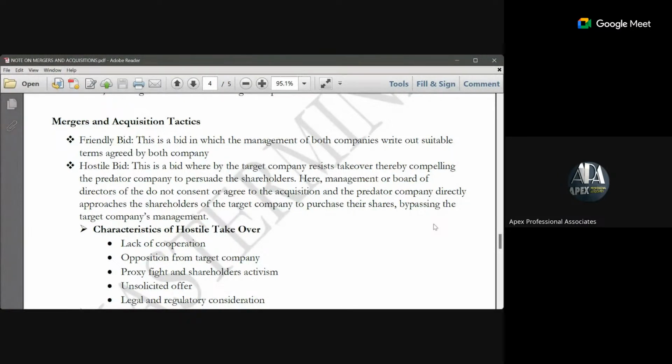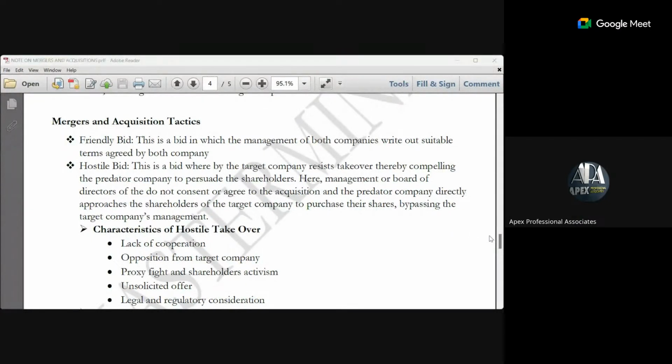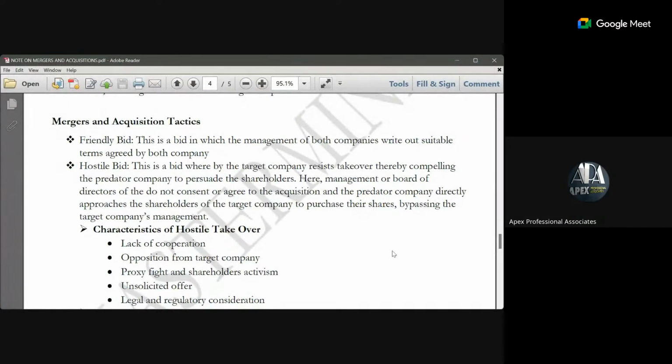However, the hostile bid is one whereby the target company's management is not giving their consent to the acquisition or to the merger, thereby forcing the predator company to bypass them to their shareholders, to compel them or to persuade them to support the merger or to support the acquisition.